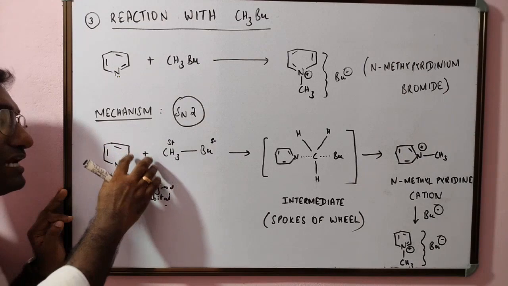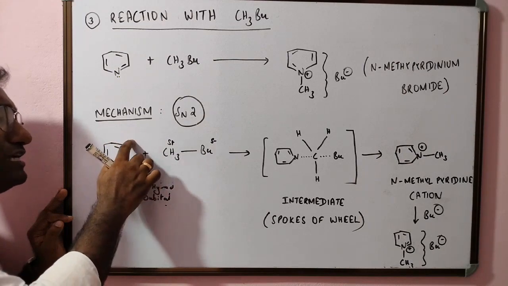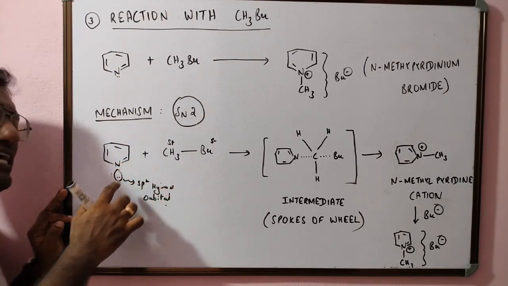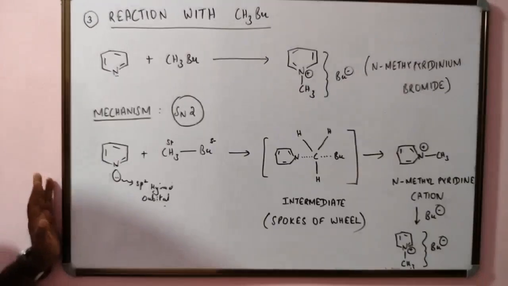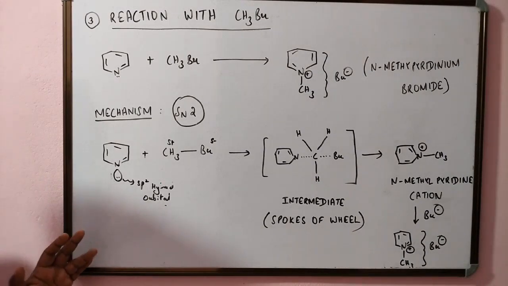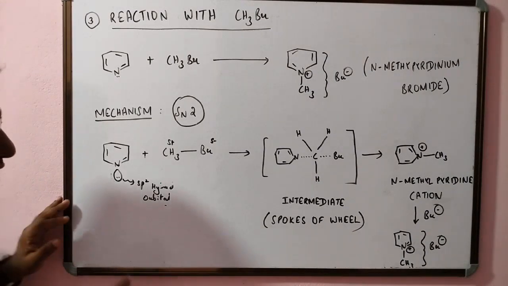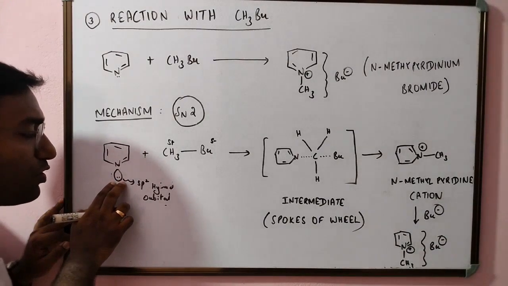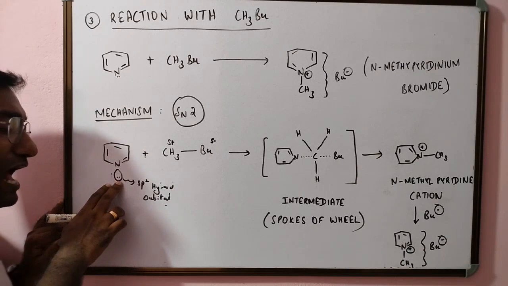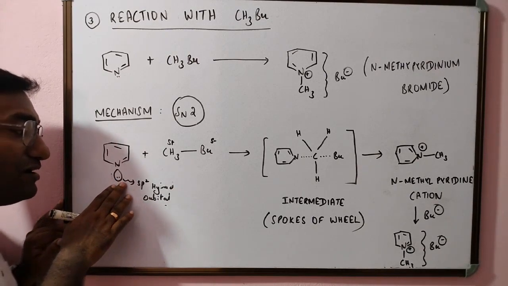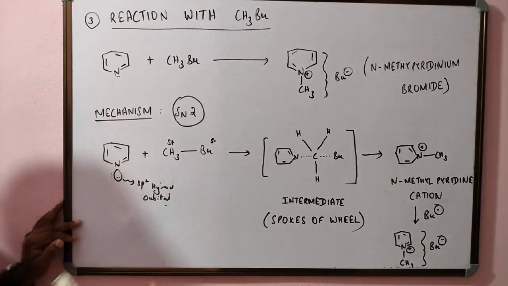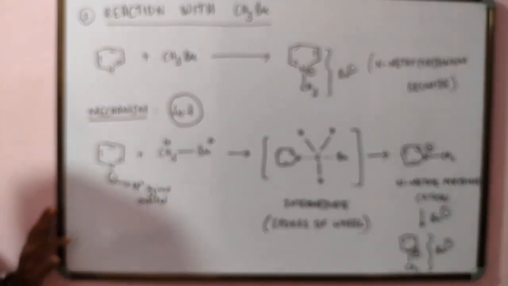It is the unhybridized pz orbital of each of the atoms of pyridine that takes part in delocalization or the aromaticity. In other words, the lone pair of electrons is isolated and readily available in the sp2 hybrid orbital of the nitrogen.